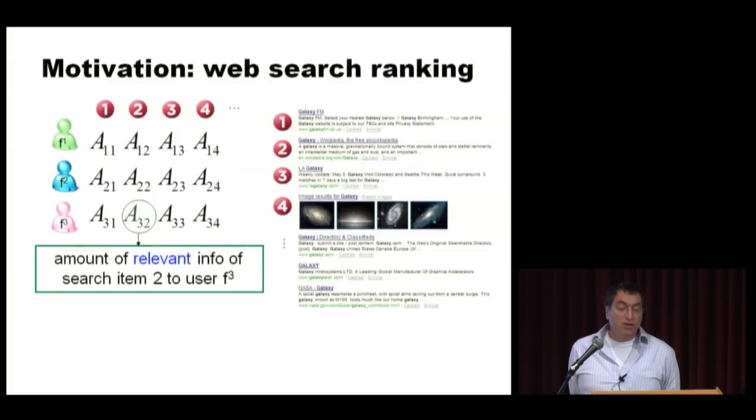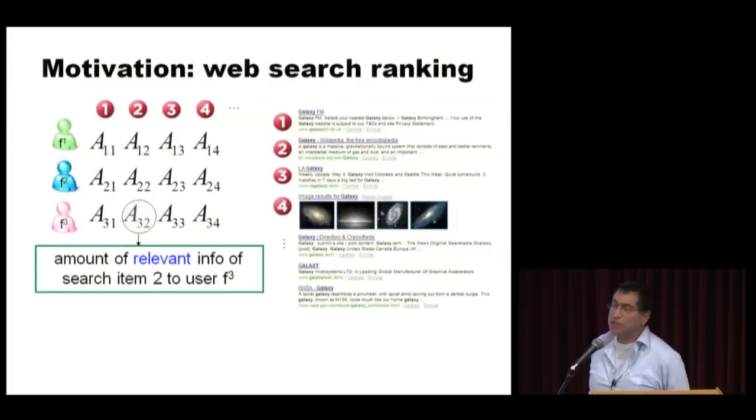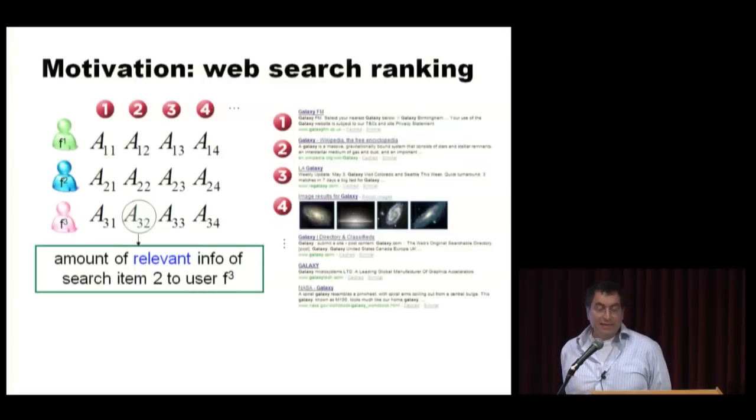In addition, you have different users, and not all users are looking for the same thing. Here I'm thinking about 3 types of users, F1, F2, and F3, and each one is interested in a different page. Each page has a different value for each user.